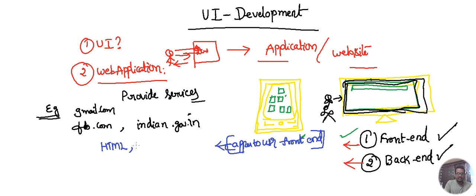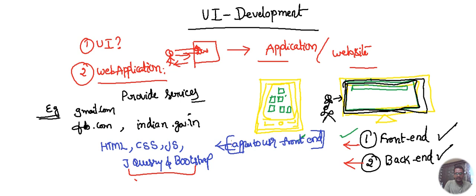Let us discuss these topics in the next sessions. For now we just have to know HTML, CSS, JavaScript, jQuery, and Bootstrap. jQuery and Bootstrap are advanced front-end technologies, which are developed by using HTML, CSS, and JavaScript only.